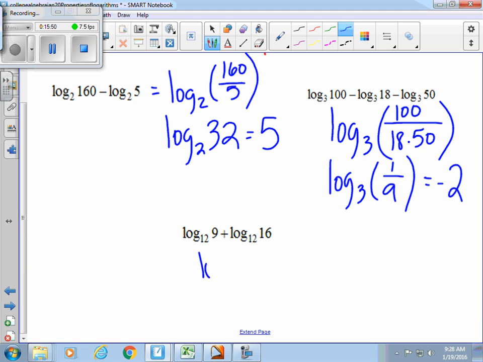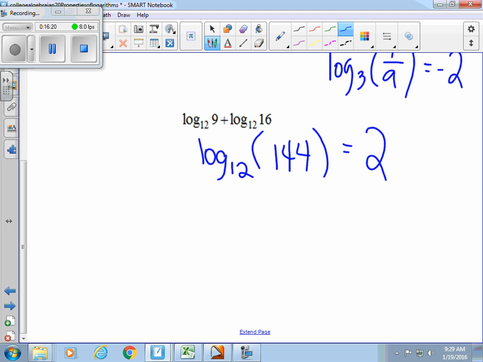Log base 12, 9 times 16, which happens to be 144, correct? And 12 to what power is 144? 2. So that's just some practice with those properties of logarithms with some that you can see the answer to. Any questions so far?